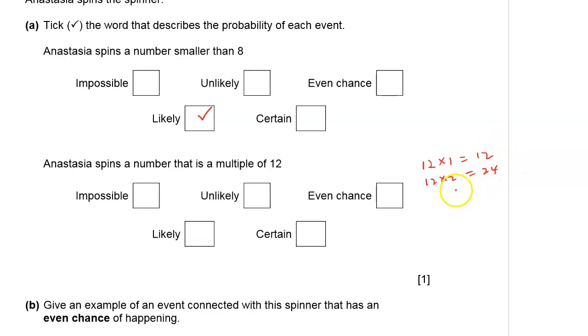Of course, you can continue multiplying by 3, 4, and so on. Therefore, we do not have multiples of 12. The greatest number that you can get here is 10. So this is an event that is impossible, not unlikely, impossible.